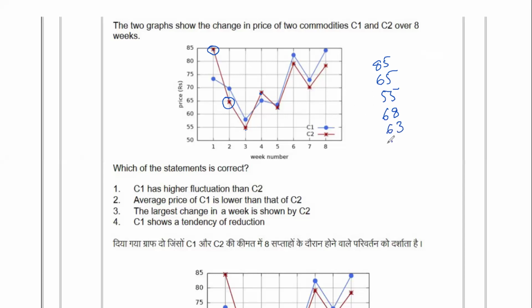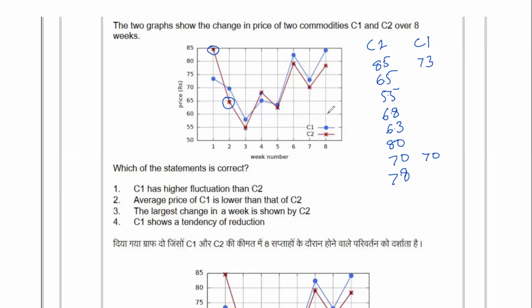It's 80 we'll take. 70 we'll take. And 78 we'll take. So 8 values. And for C2, I think we took the C2 only. C1, it is 73. Yeah, 70.